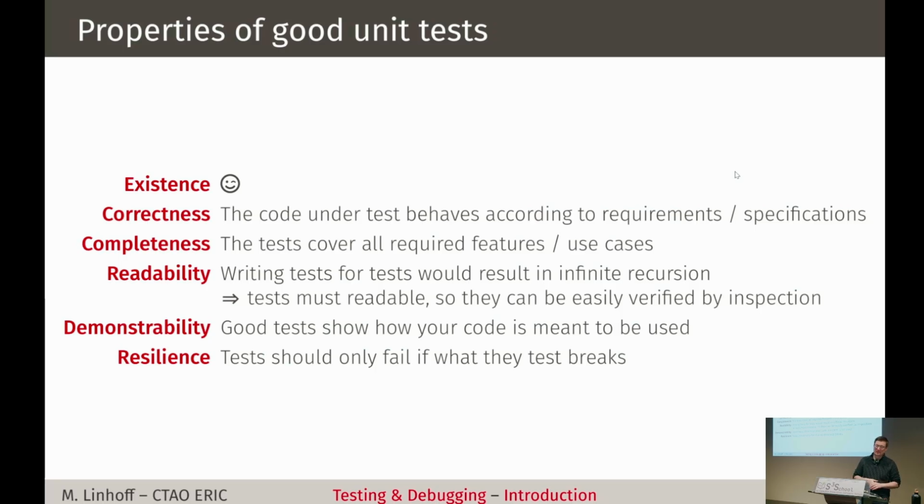So in many cases, it's relatively easy to have resilient tests, but sometimes, for example, if you interface with an external service, if you have these numeric data codes or numeric stochastically simulated codes, then it's sometimes hard to achieve resilience.